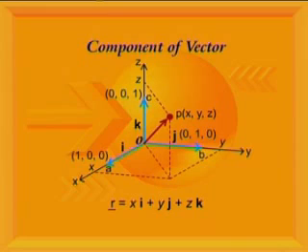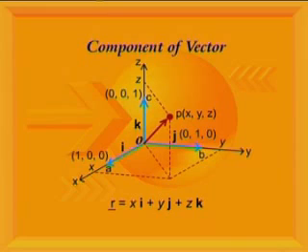Because it is the sum of these vectors, that is xi, yj, and zk. This vector is also known as the position vector of the point P, and it has all the qualities of a vector, because if you are given this vector R equal to xi plus yj plus zk, we can find its magnitude and we can find its direction.